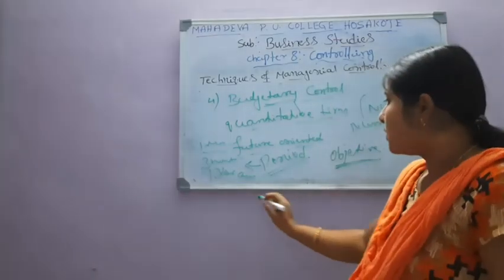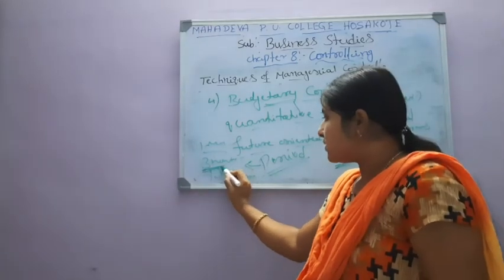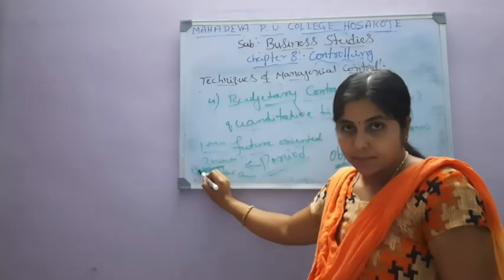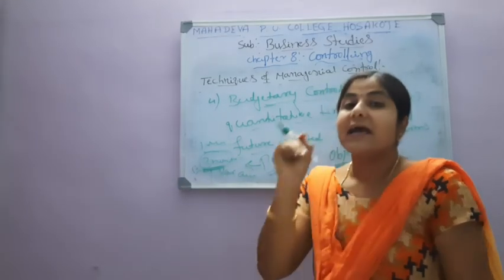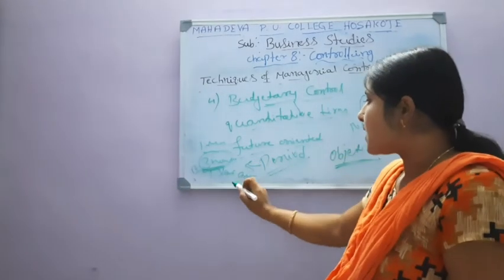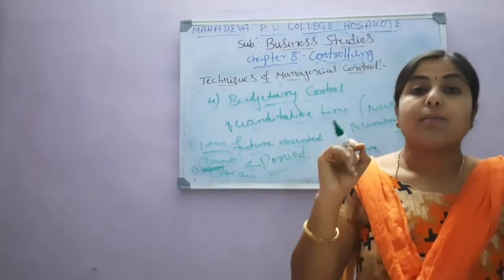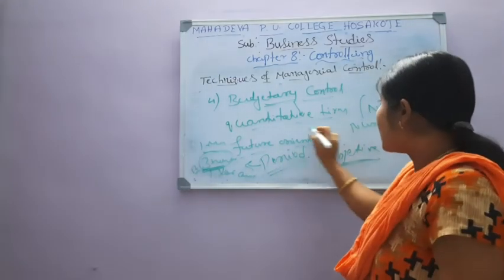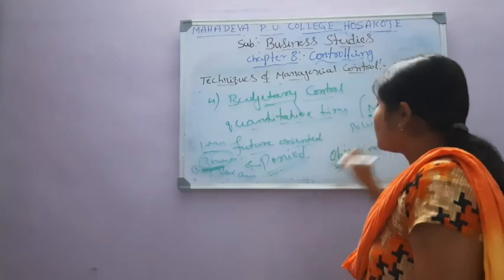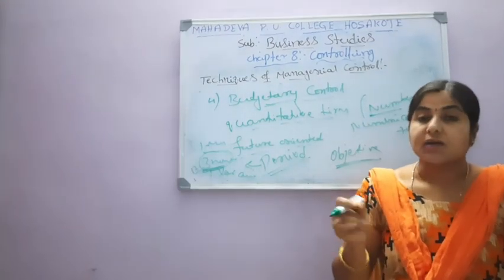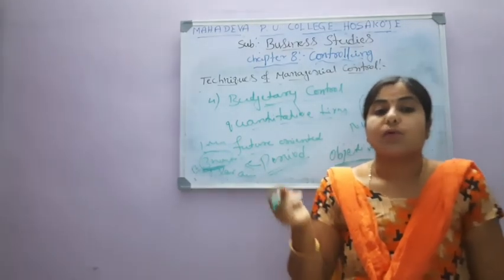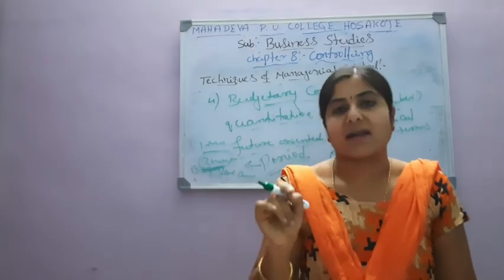As I already told, for a 3 months budget, the period of time is considered, and it should also be quantitative, mentioned on the basis of figures. That's why each and every budget includes both time and quantities.